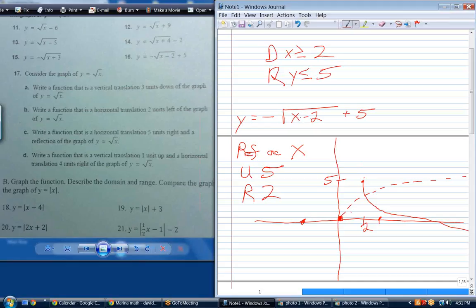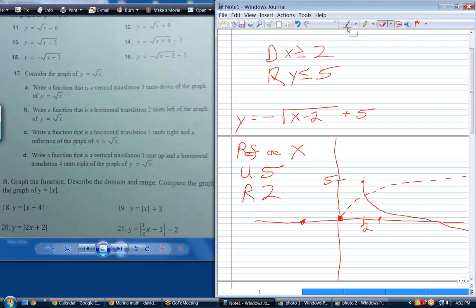When we have a radical sign, we know whatever is under the radical sign has to be greater than or equal to 0. So I can immediately say that x minus 2 has to be greater than or equal to 0, and that gives you your domain. Even without the graph, I can figure out the domain quite easily. The range is a little tougher.